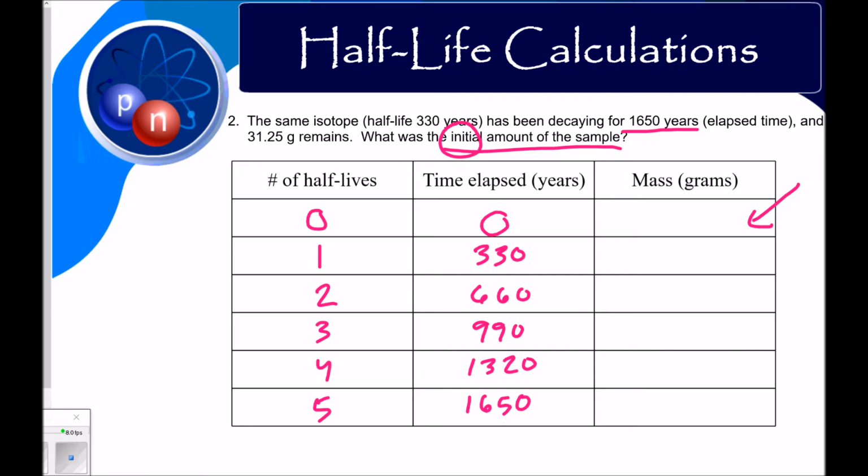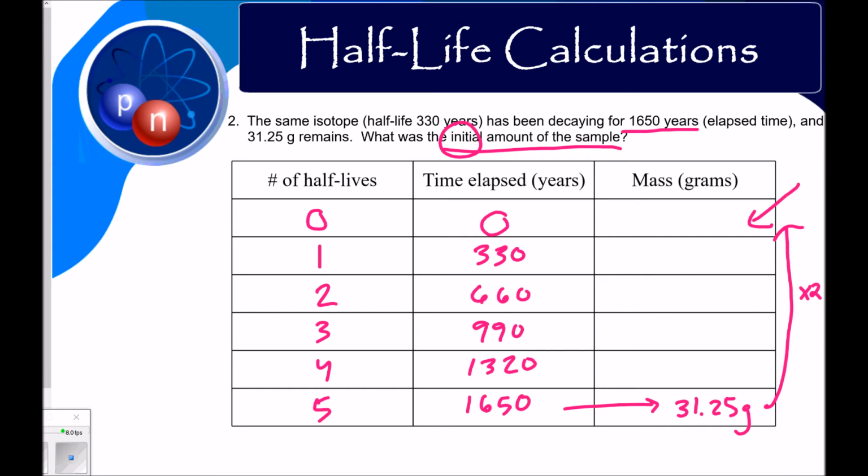So it says that after 1,650 years, 31.25 grams remain. But at this time, it's asking us for our initial amount. So if going down on our chart, it decreased by 2, going up on our chart, it's going to double.